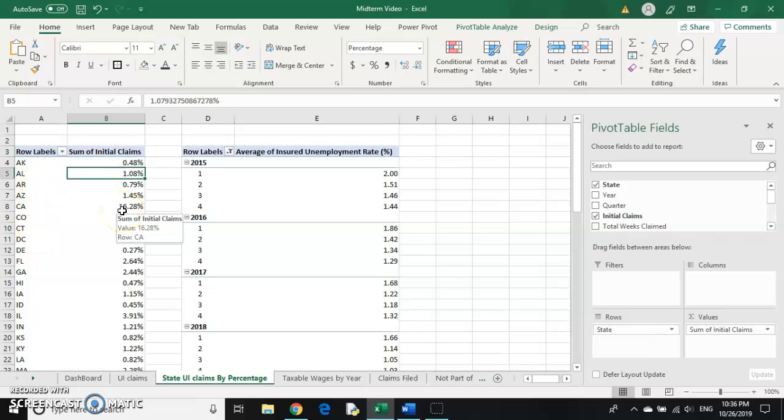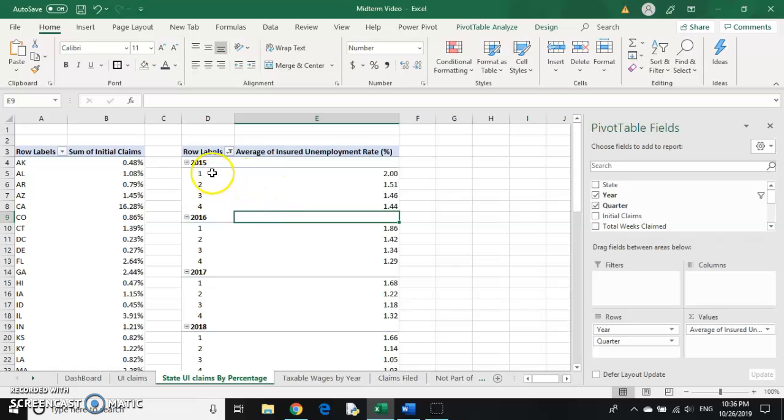I want to see how the residents of each state are filing for unemployment insurance, and which state is most severe at this point. On the right, I have the years and the insured unemployment rate.